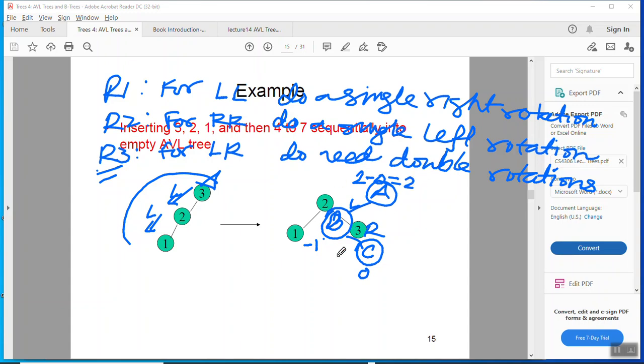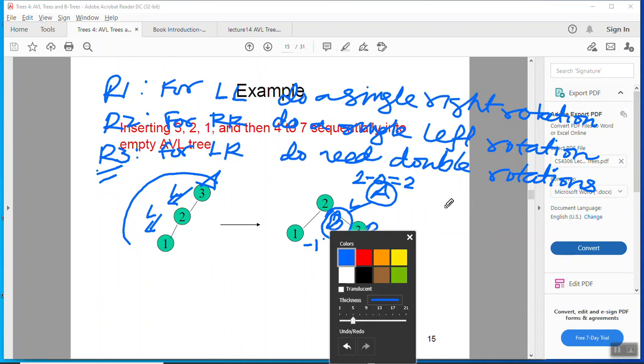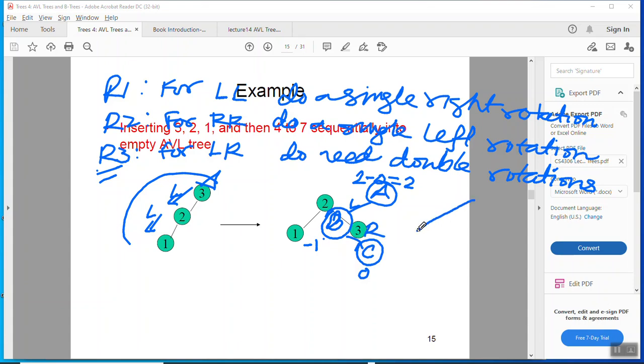So this is not an AVL tree, right? So how do we make it an AVL tree? The technique is that for left right, what do we find over here? We got this and this, right? So then do this one, go up and then go right.